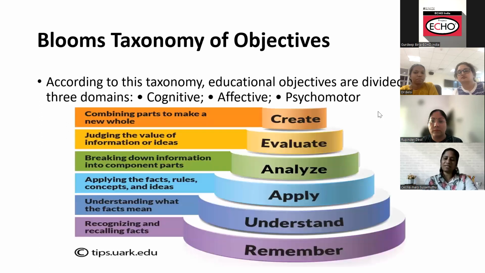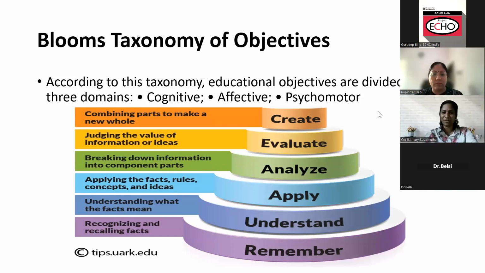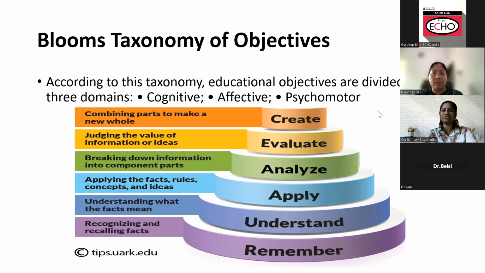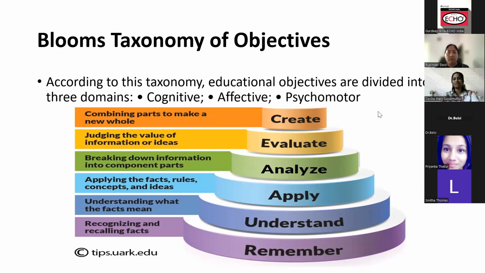So the assessment of knowledge is based on Bloom's taxonomy of objectives. I think tomorrow's session will be on this, so I'm not going to elaborate, just give an overview. Bloom's taxonomy of objectives has three main domains: cognitive, affective, and psychomotor.